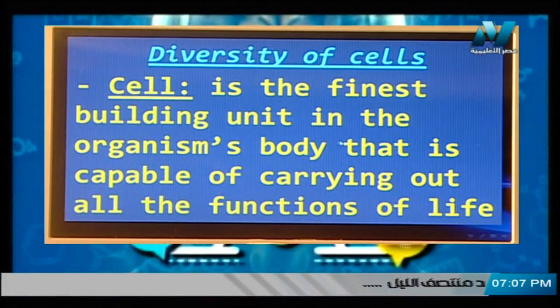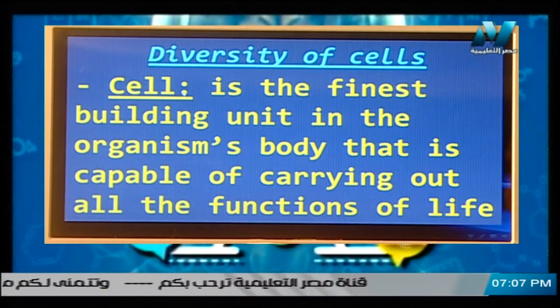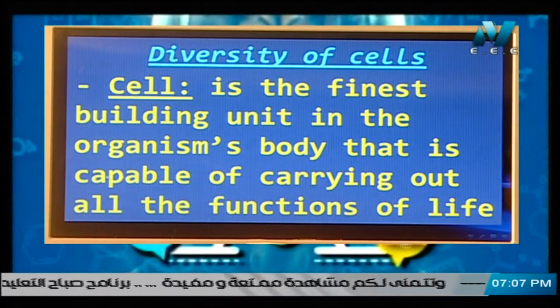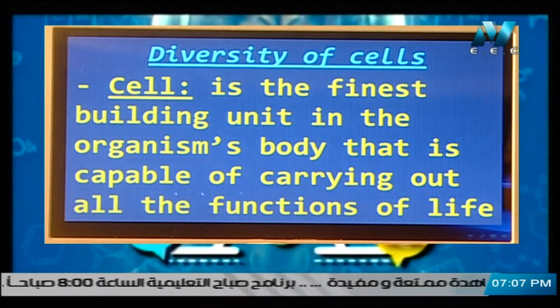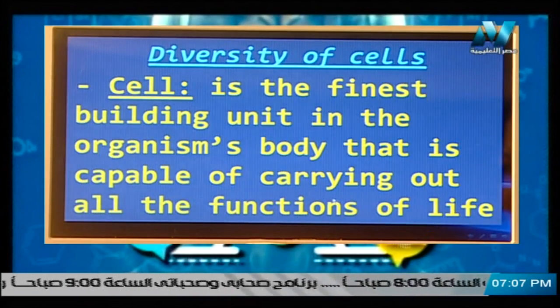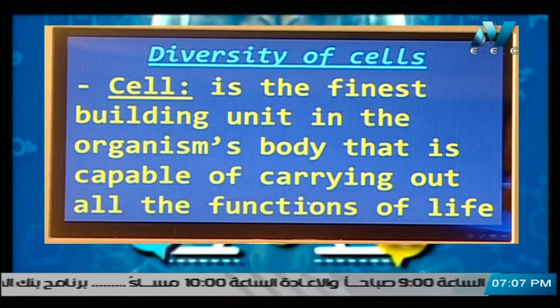The tiniest or finest building unit we call the cell. يعني أصغر جزء في الجسم هو عبارة عن السيل يا أولادي، وإن هي عندها الability capable to carry out all the functions of life. إيه الفانكشن بتاعت اللايف؟ It can make feeding, respiration, all vital processes.